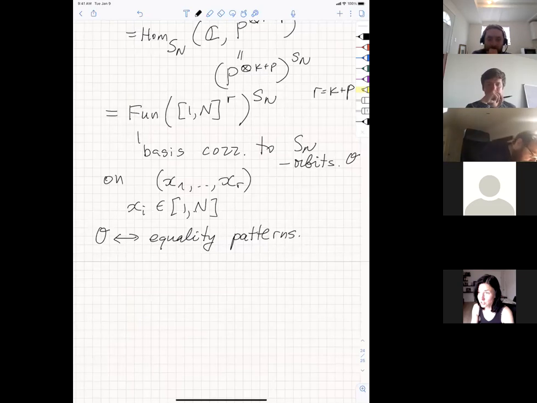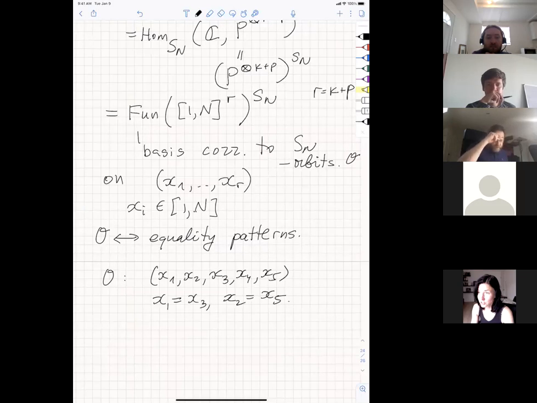For example, we can have equality pattern O with vectors x1, x2, x3, x4, x5, where x1 is equal to x3 and x2 is equal to x5, and no other equalities.